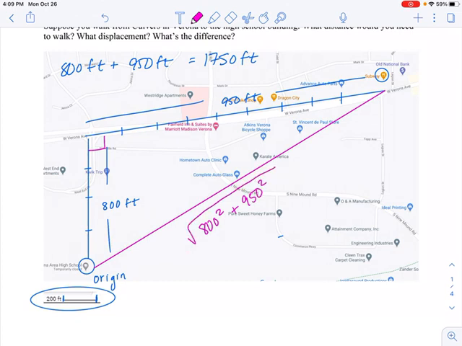So I know that a squared plus b squared equals c squared. So I've got a, b, and c, and I'm going to go to my trusty calculator here. 800 squared plus 950 squared, and then I'll take the square root of that, and I get about 1,250 feet.